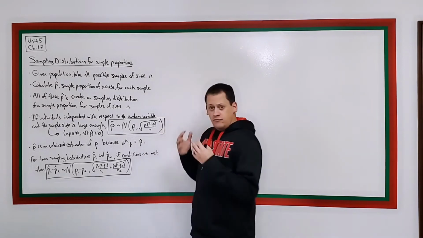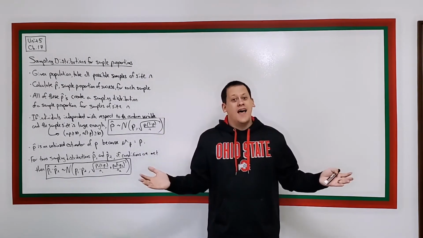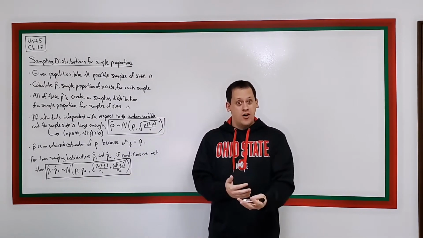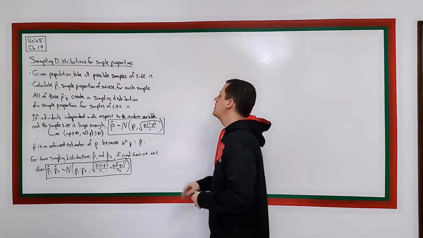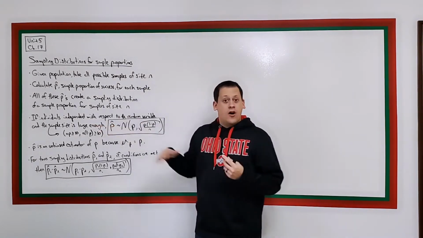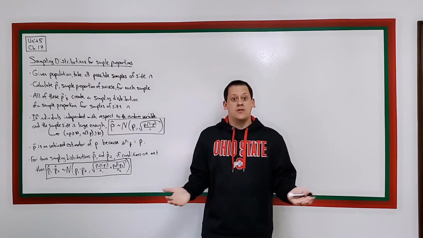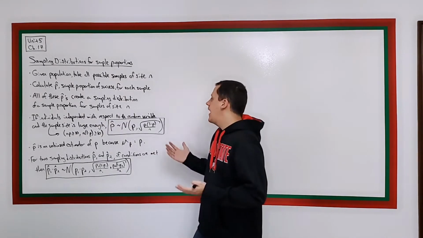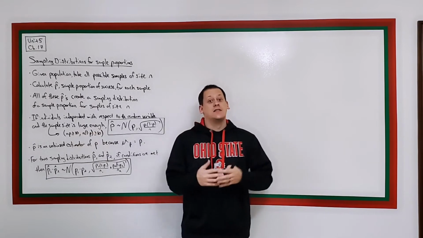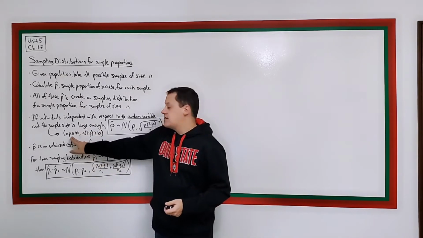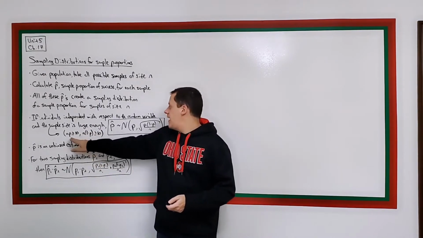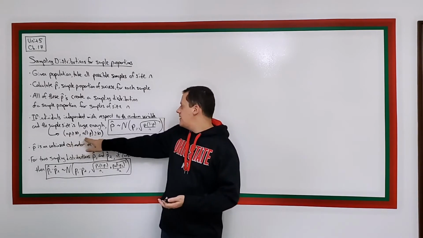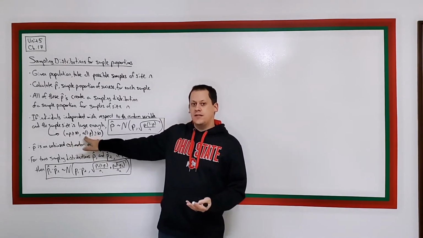So once you have that theoretical sampling distribution of all the possible sample proportions, if all the individuals in your population are independent with respect to whatever your random variable is, and the sample size is large enough, which we checked with these conditions here, n times p has to be at least 10, n times 1 minus p has to be at least 10.